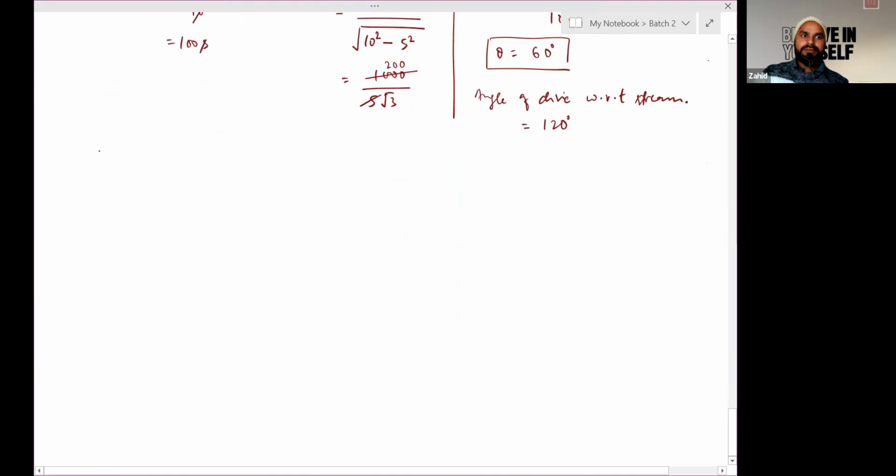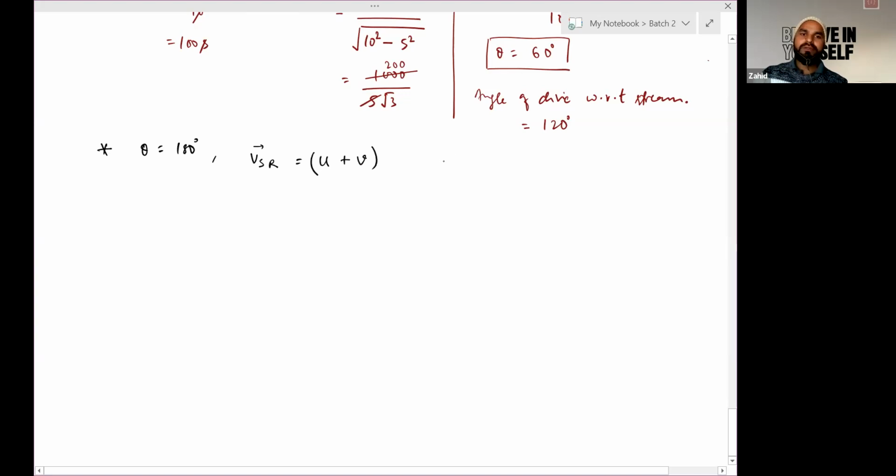Now, in this condition, if you put theta equal to 180 degree, so the motion of stream and motion of swimmer both would be parallel to each other. So you'll get the net velocity of swimmer with respect to river as u plus v, only this.